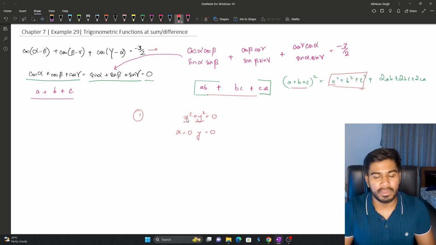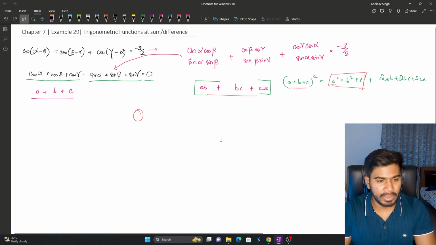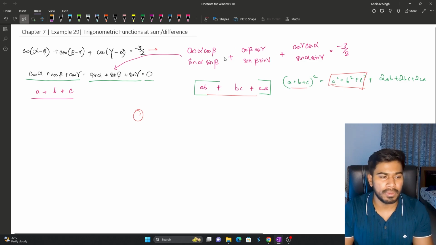Why? Because the square of any real number is either positive or 0, that we know. So here x also needs to be 0 and y also needs to be 0. So we are trying to get some kind of intuition that we need to convert this whole equation into something of square, and we will use this intuition, right?